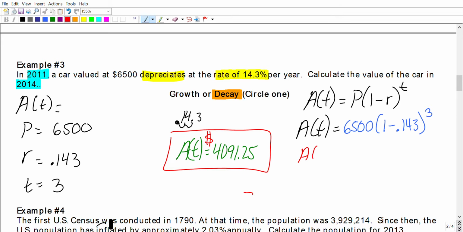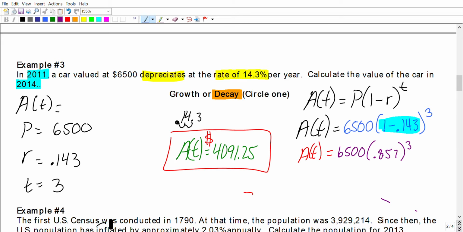So again, this is A of t. Solve this part first. Let's go ahead and continue solving this problem. So this would be 6,500, and then 1 minus 0.143 is 0.857.